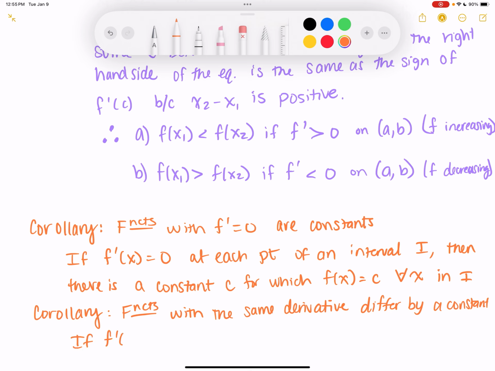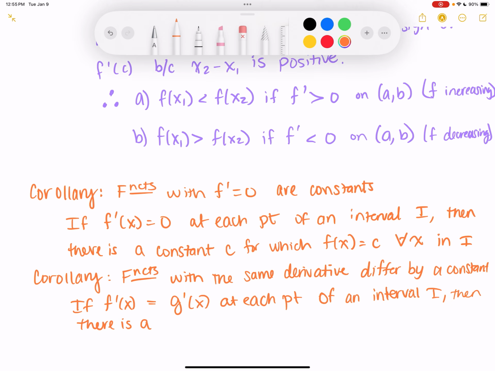If f prime of x is equal to g prime of x at each point of an interval I, then there is a constant c such that f of x is equal to g of x plus c for all x in I. And the proof for that is going to be on page 204 if you wanted to look at it, if you were just so curious about it.